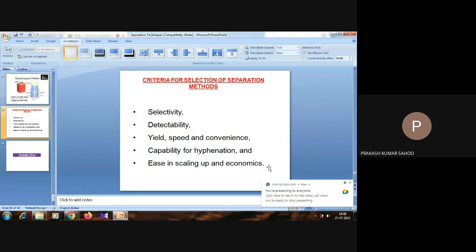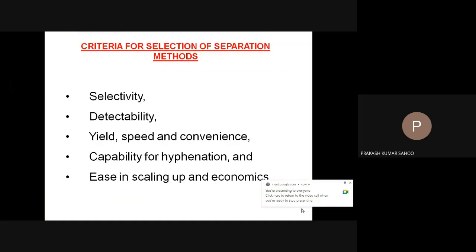So in the selectivity part, we have closely similar components. For example, let us say we have an azeotropic mixture, where the components have nearly the same or the same boiling point.